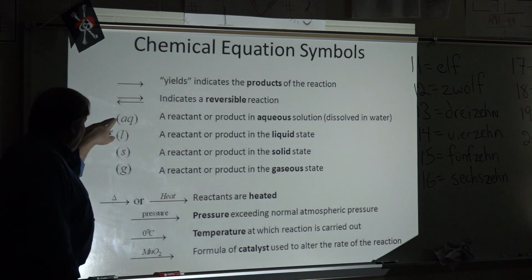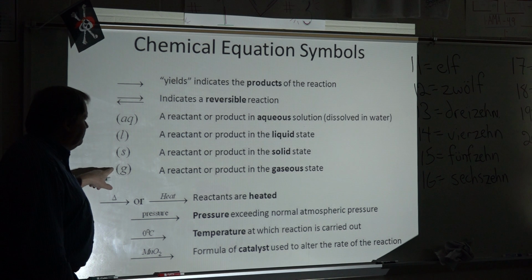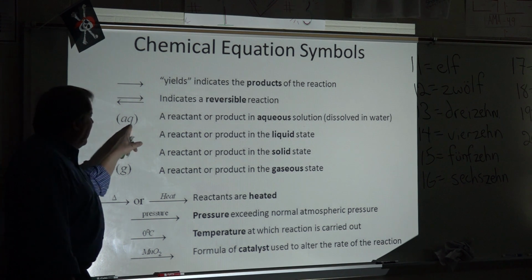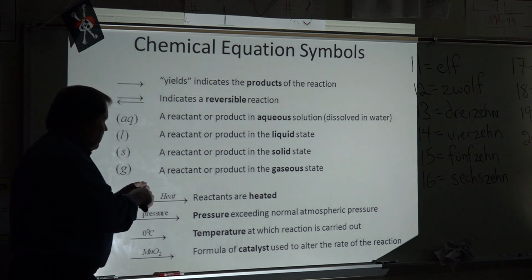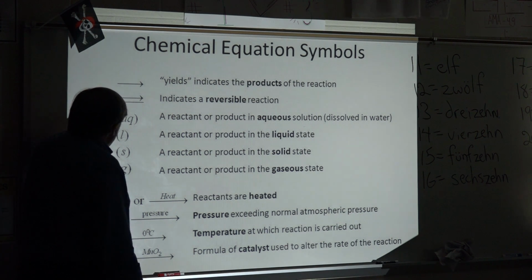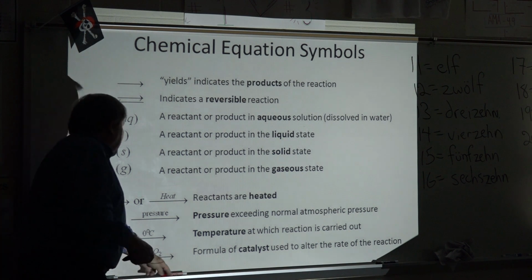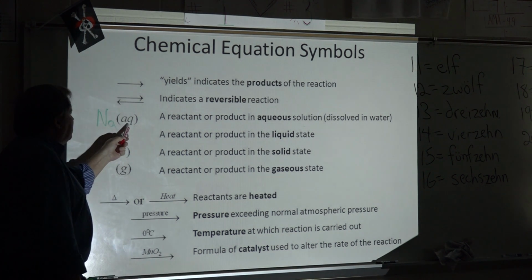Now, the 4 types of states that you are going to find your reactants or products in. Here's sodium in the equation in an aqueous solution.